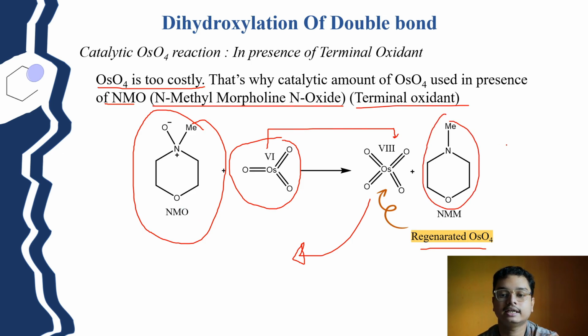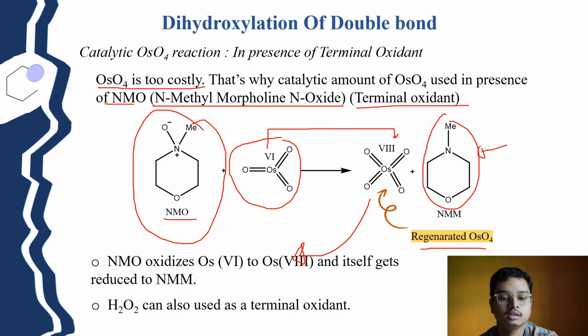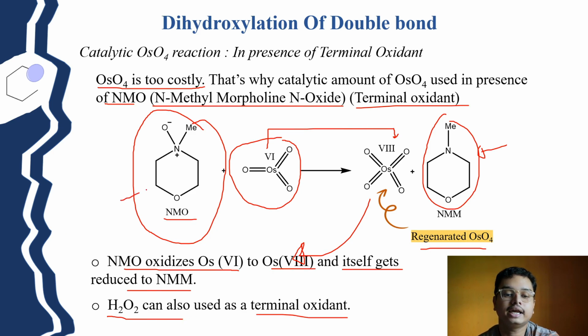So this is getting reduced, and this OsO3 is getting oxidized, and that's why OsO4 can now be used in a catalytic fashion, where the NMO is used in a stoichiometric fashion. Here it is written that NMO oxidizes Os(VI) to Os(VIII), and it itself gets reduced to N-methylmorpholine. However, in the absence of NMO, H2O2 can also be used as a terminal oxidant, but NMO is widely used as a terminal oxidant.